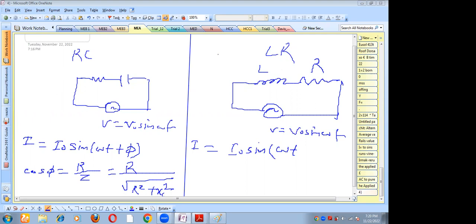In an LR circuit, the opposite happens. Only one thing you have to remember, in a capacitive circuit, current leads. So in an inductor, it will lag. Simple.